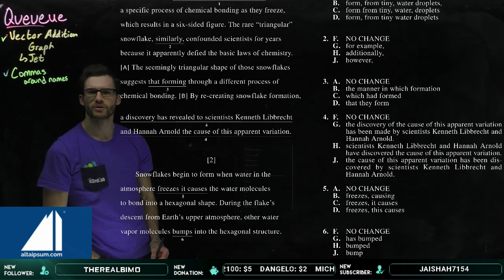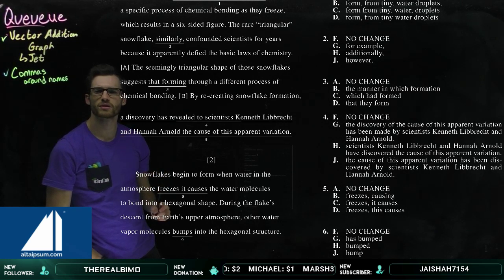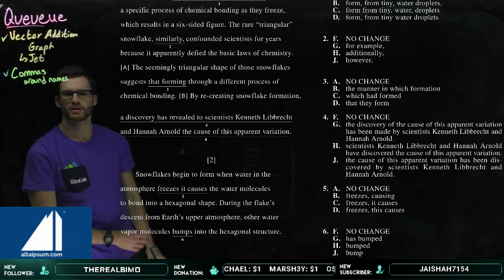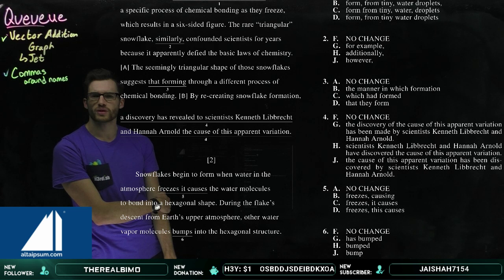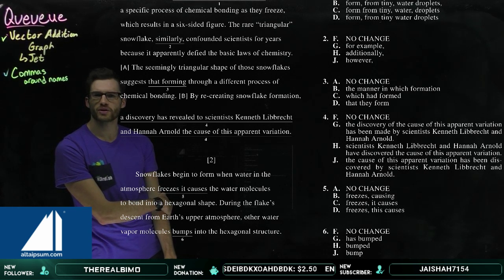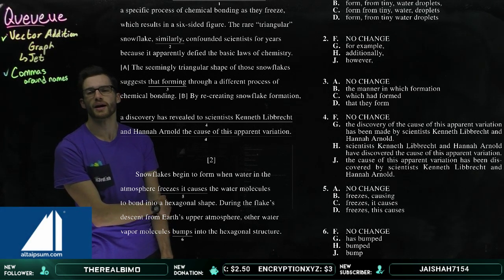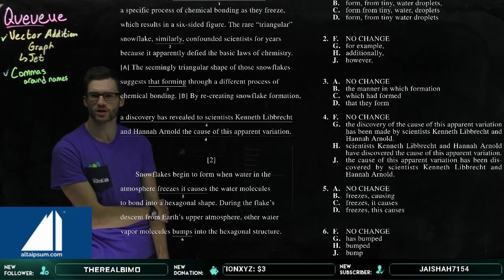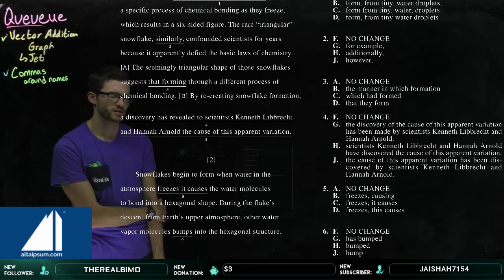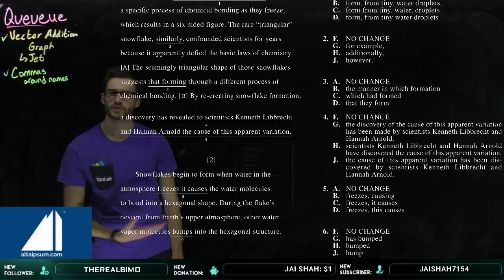Okay, so 3D, can you make this full screen for a second? Just so I can read more easily, thank you. So 3D, that they form, suggests that they form through different... I don't like B, and I don't like A, because for this independent clause, the seemingly triangular shape of those snowflakes suggests that, and then we need another verb there.